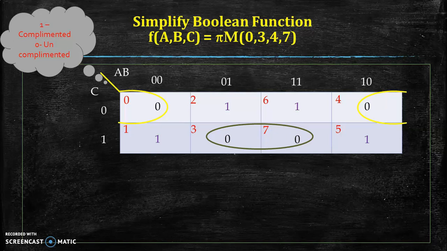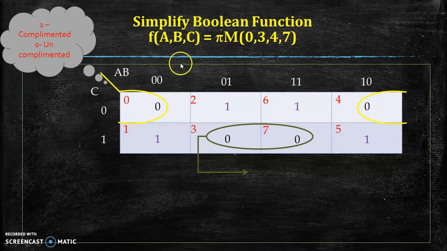Now this should be very much clear in case of POS. If a variable is 1, then the literal is complemented. If a variable is 0, then the literal is uncomplemented. For the horizontal pair, on the AB side we can see 01 and 11. So A is shifting from 0 to 1, so A is eliminated.